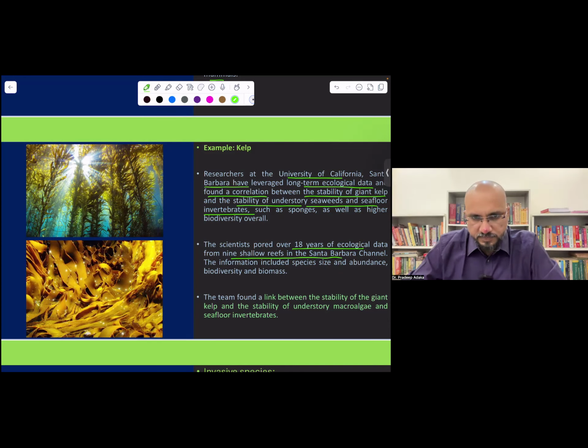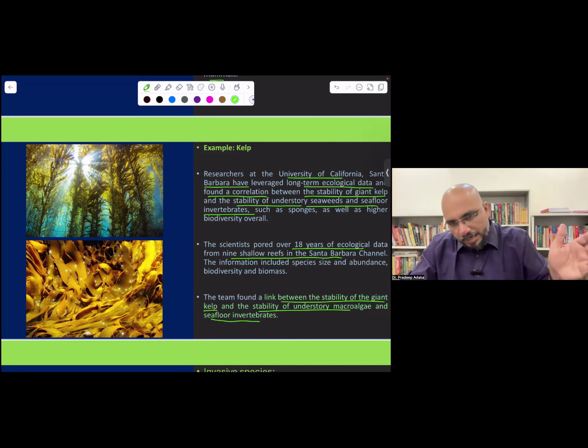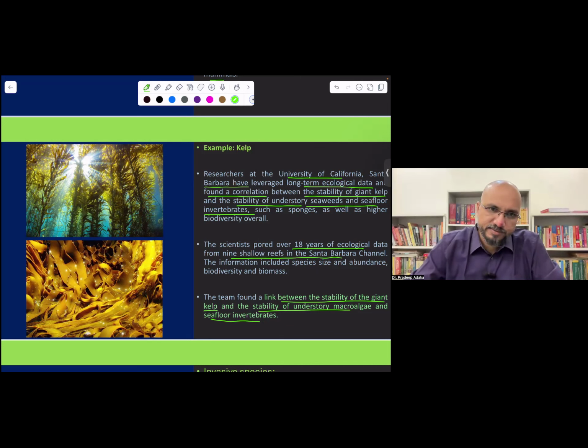Okay, the information included species size and abundance, biodiversity, and biomass. So they collected the data for 18 years and they found out that there is a link between stability of the giant kelp and stability of the understory macroalgae and seafloor invertebrates. If kelp was destroyed, if this brown algae was destroyed, other species were also affected. So there was a direct correlation between the health of kelp and health of the biodiversity.